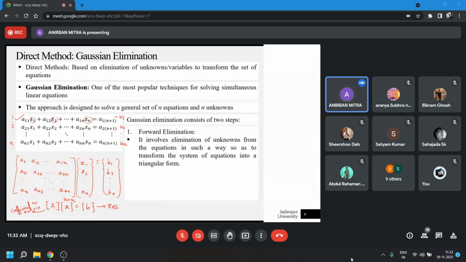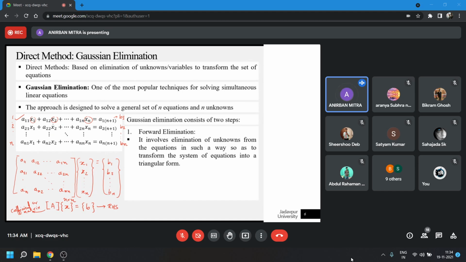It means that we try to eliminate the unknown x1 from all the equations except for the first one. We try to eliminate the unknown x2 from all equations below the second one. Like that, we will proceed, and when we come to the nth equation, all the unknowns have been removed from it except for the last one, that is xn.